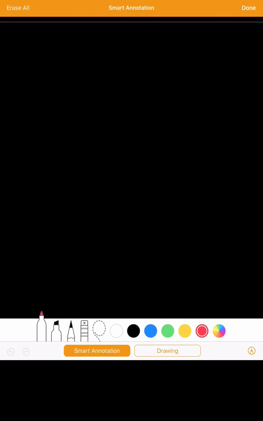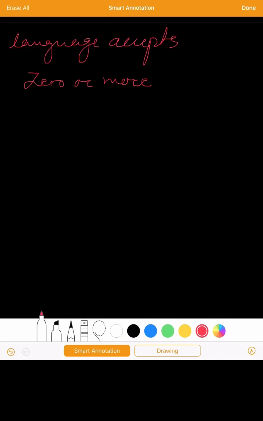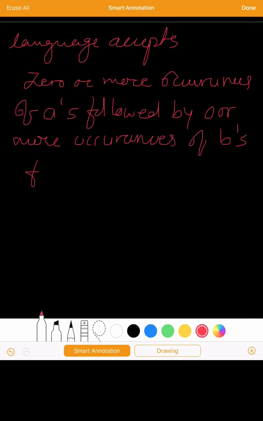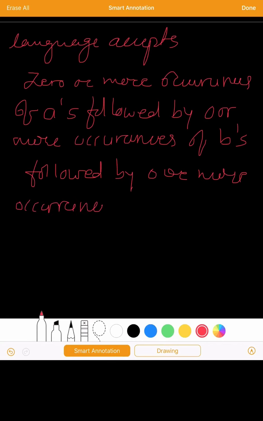So your example would be, your language accepts 0 or more occurrences of A's followed by 0 or more occurrences of B's followed by 0 or more occurrences of C's, right?